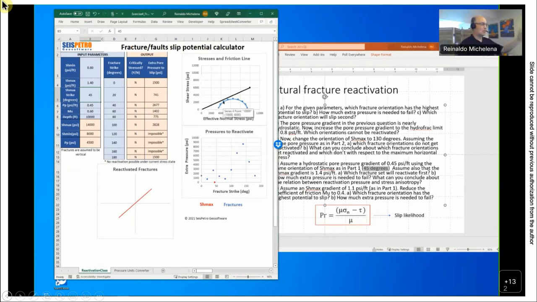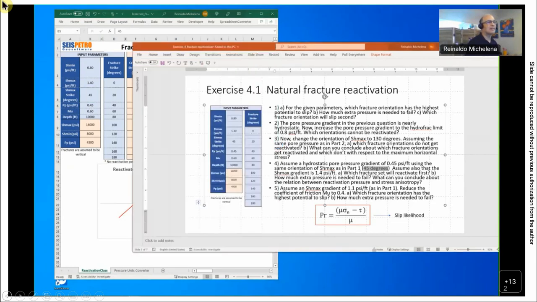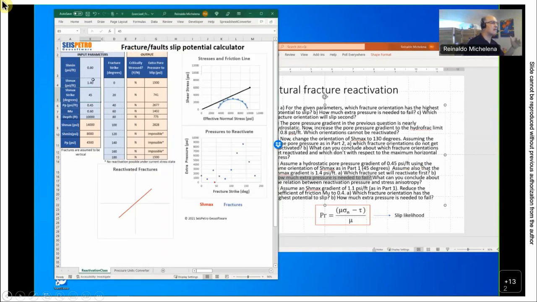But the difference now is in the second question, part B. How much extra pressure is needed to fail? What you can see is that now that the rock is more anisotropic, the difference between maximum and minimum stress is larger.